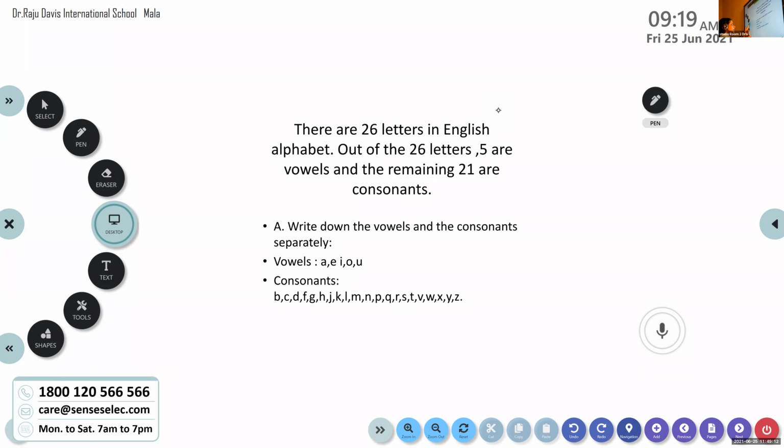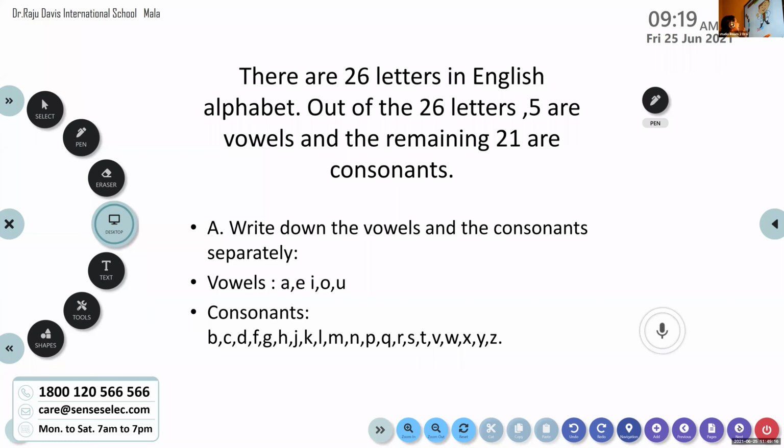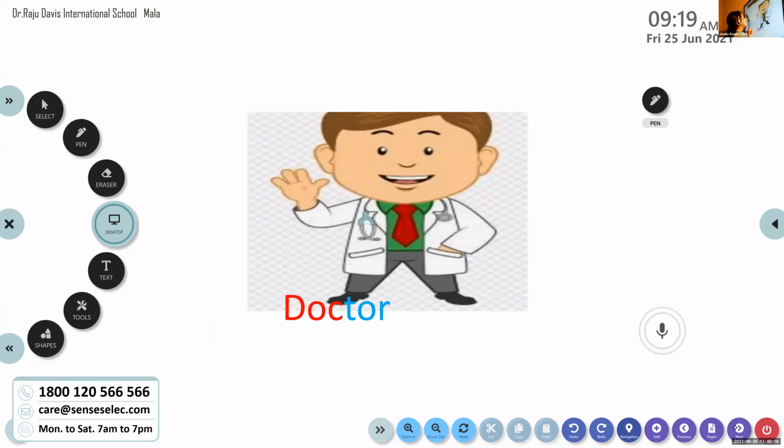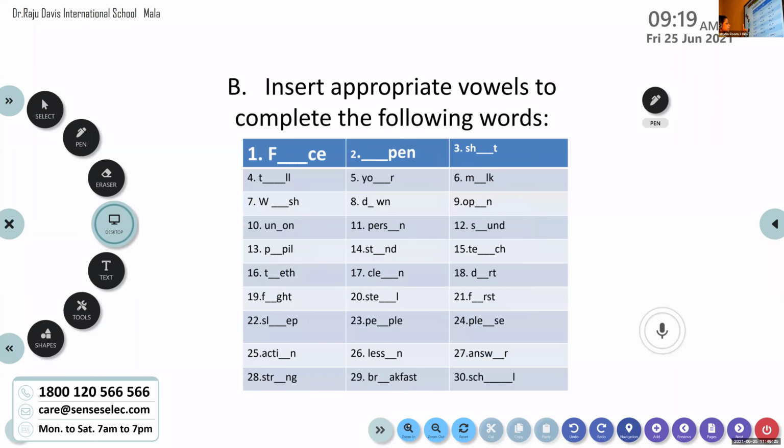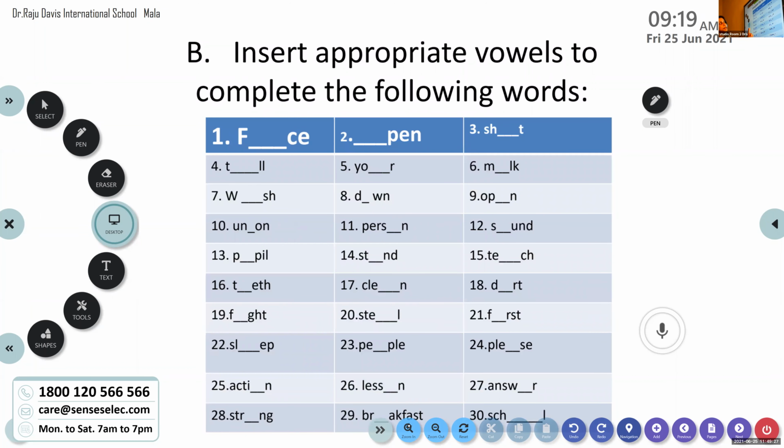We have finished with exercise A. We know what exercise A is. Then we learnt about exercise B. Exercise B is nothing but we have to insert vowels. I hope we have completed this exercise, children. Yes, we have completed all the words.